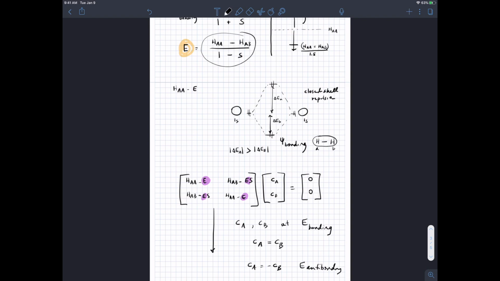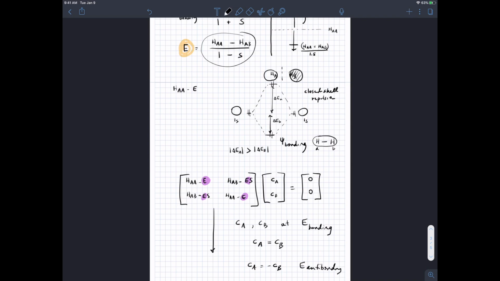Whereas our antibonding orbital is going to have a node in between the two of them, and the magnitude is going to be the same but opposite in sign, which is the origin of all that stuff I told you about antibonding orbitals coming from destructive interference between the two wave functions.